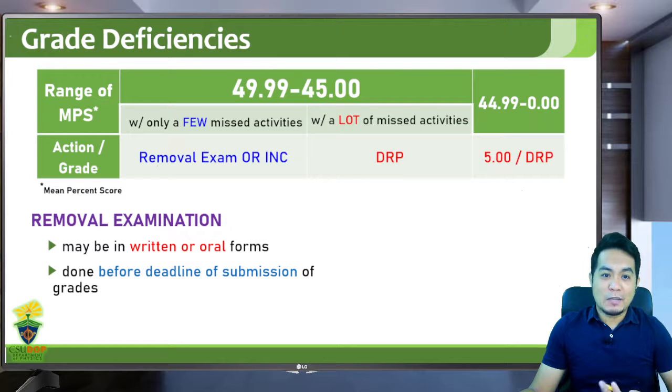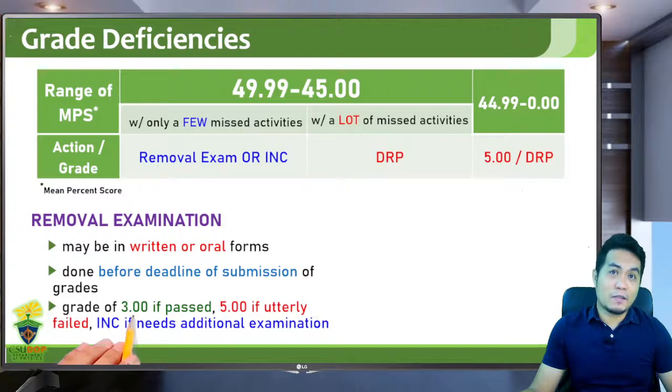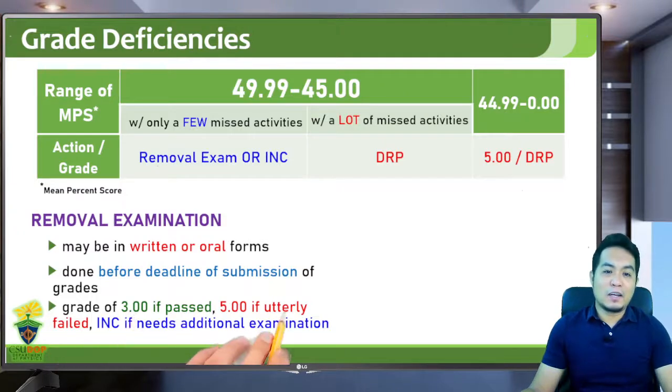This is usually done before the deadline for submission of grades, so that you will not be given an INC grade. If you pass the removal exam, then you will have a grade of 3. But if you utterly fail the removal exam, meaning if the removal exam is 50 points and you only got 5 or 10 points, then that's utterly failed. Then you will get a grade of 5.